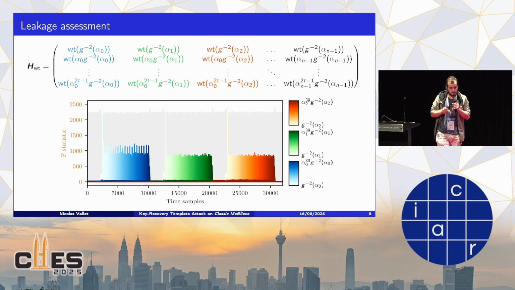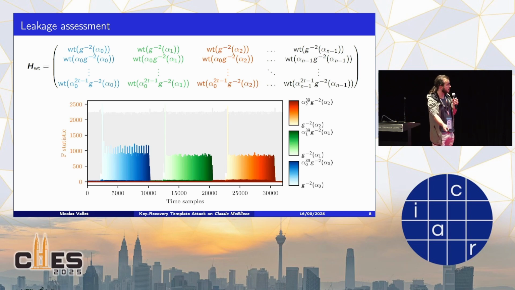Before performing the attack, we performed a leakage assessment to assess our hypothesis, and we used the ANOVA test. We saw that, as we expected, the Hamming weight value of the coefficients of HG2 leaked during the syndrome computation.